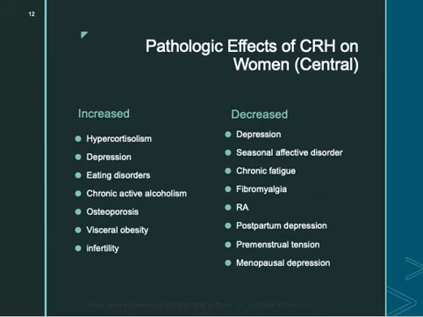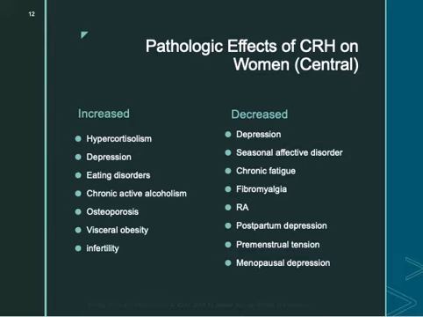Other pathological effects of CRH on women, these are more central, but obviously, once again, you don't need to memorize all these. I'm just trying to give you examples. With an increased level, they have high levels of cortisol, but it can impact depression. It can have an impact on eating disorders, the onset of alcoholism, osteoporosis, visceral obesity, infertility.